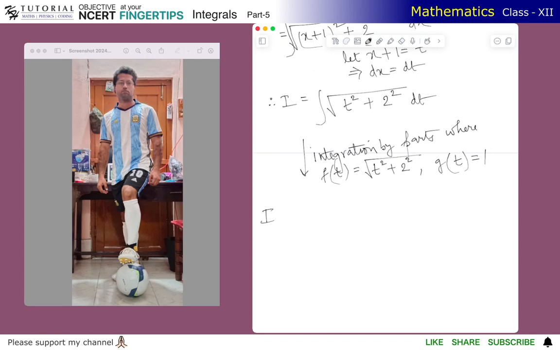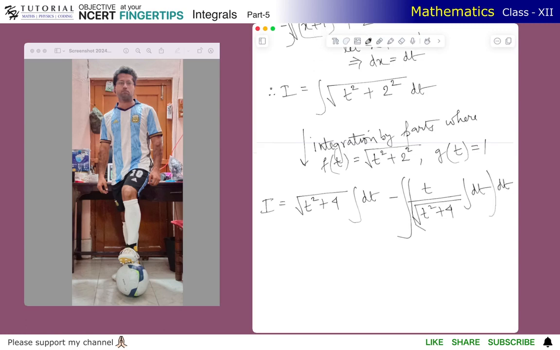So, I equals, when we apply integration by parts, root over t square plus 4 integral of dt, minus the derivative of square root of t square plus 4, which is t by root over t square plus 4, again with dt.